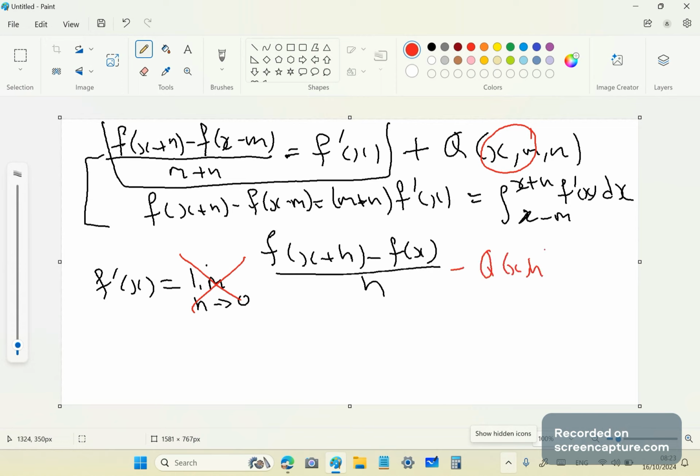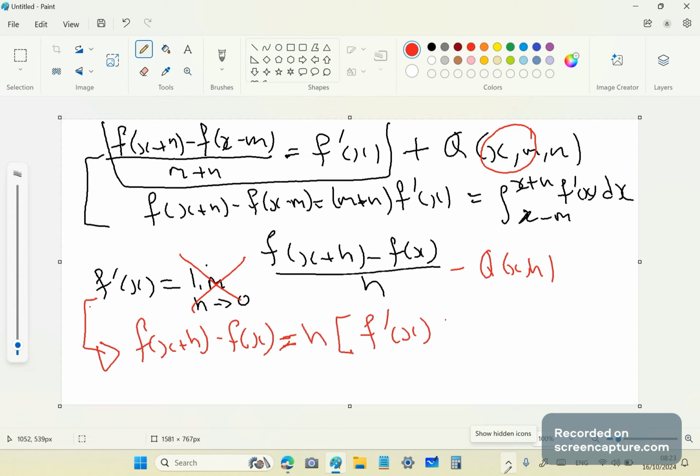So this means that if you were to go from the derivative connection to the integral definition, you'd end up having this, where this is the slope difference. In the new calculus, the slope difference makes no difference.